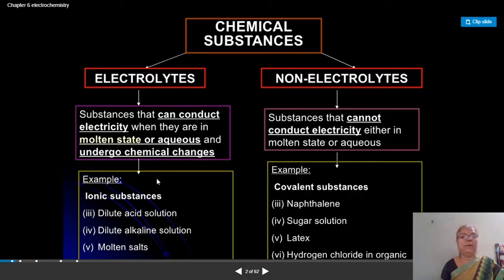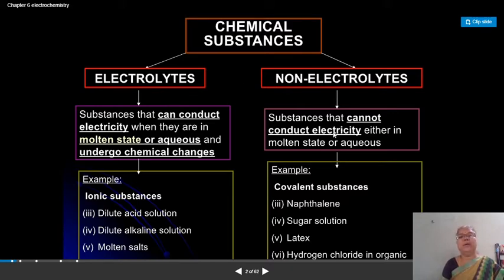For example, ionic substances like dilute acid solutions, dilute alkaline solutions, and molten salts, for example NaCl, KCl, etc. They conduct electricity. These substances are called electrolytes.